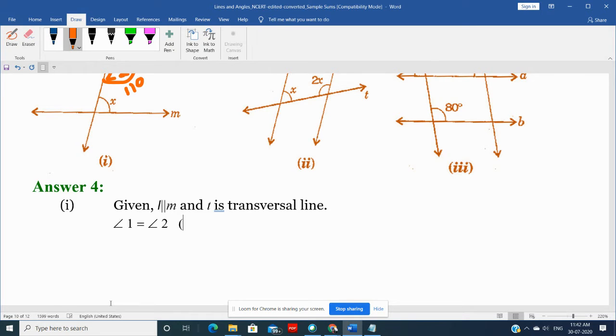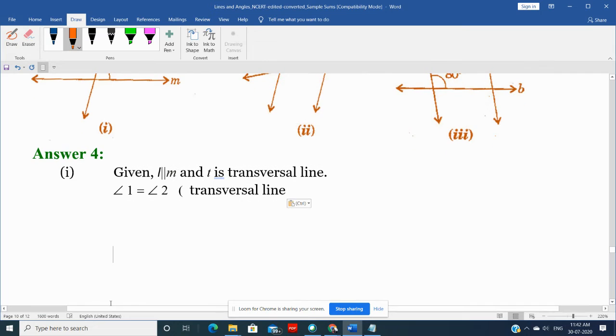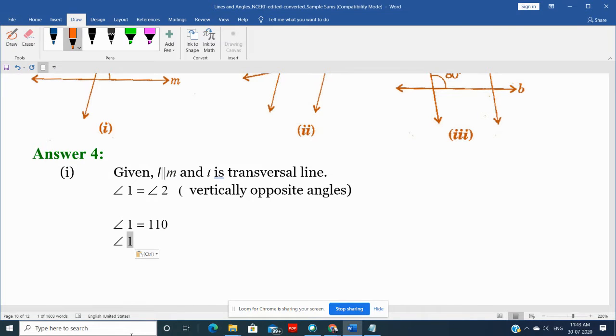The reason you have to write is that they are vertically opposite angles. Now, we know that angle 1 is 110. So naturally, our angle 2 also becomes 110.